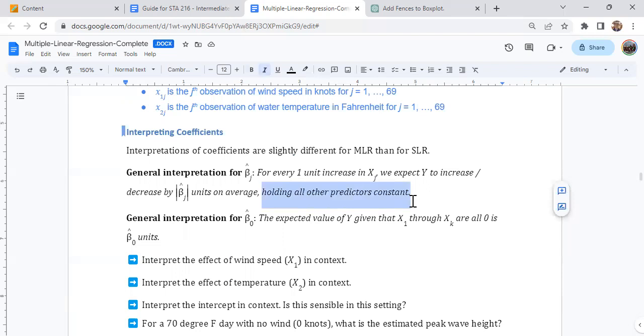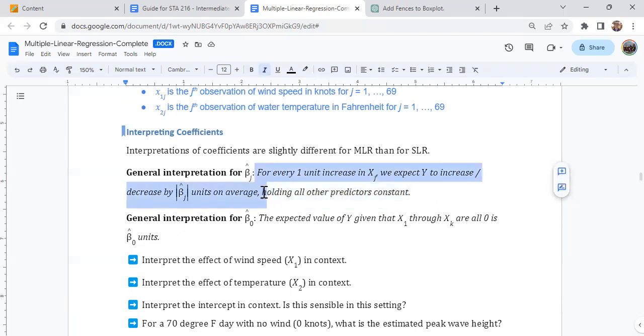This is the key part, the underlying reasoning why the numbers are not exactly the same for the slopes, because this is a description of the relationship assuming that everything else is constant.